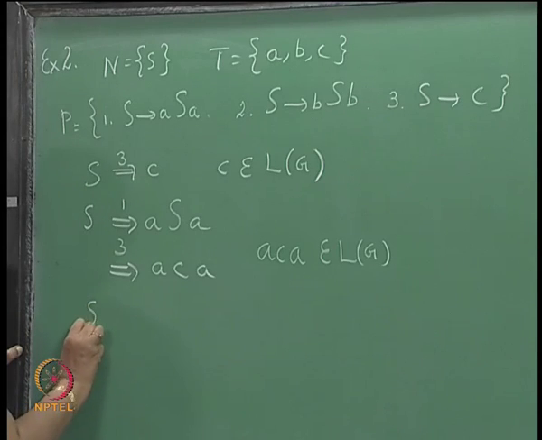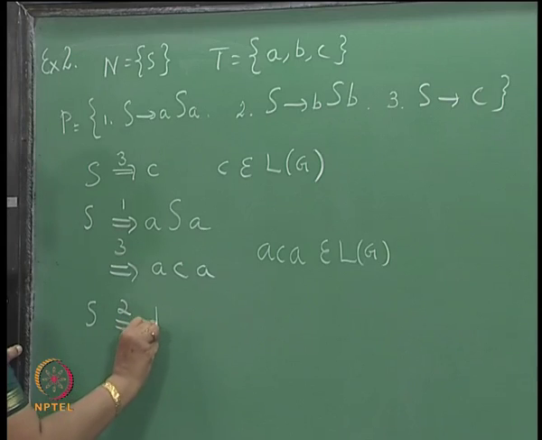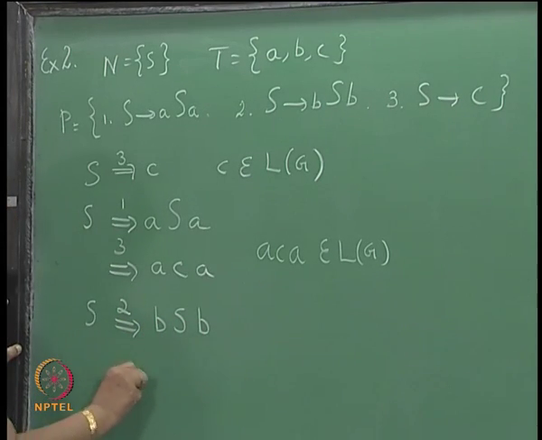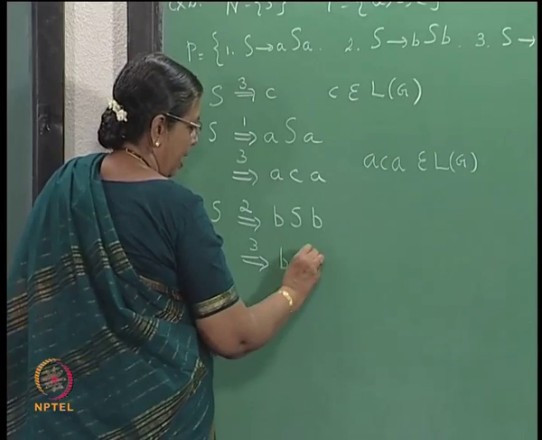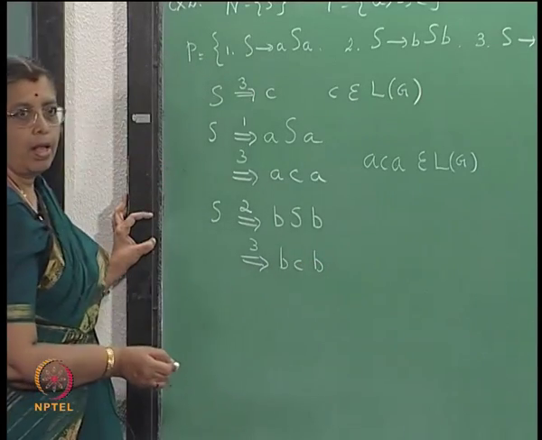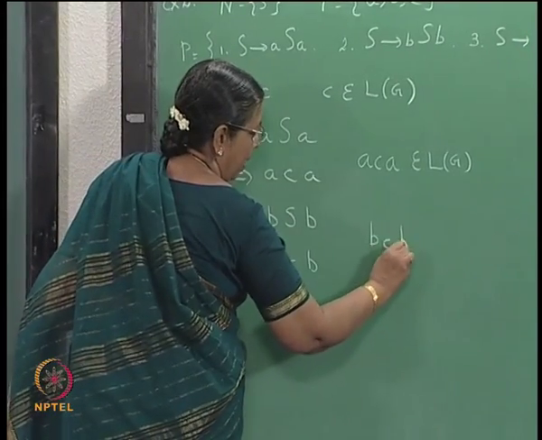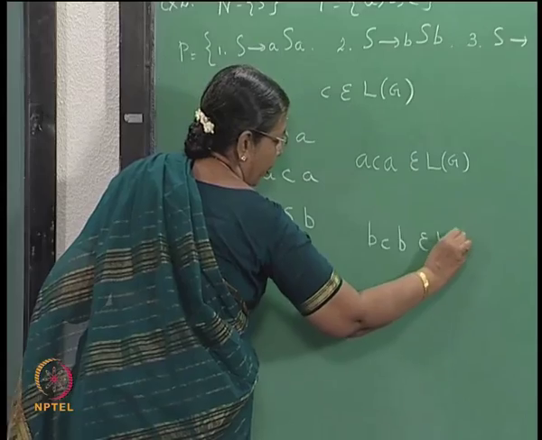Now, starting from S, if you apply rule 2, you will get B S B, and then if you apply rule 3, you will get B C B. So, B C B will belong to the language.